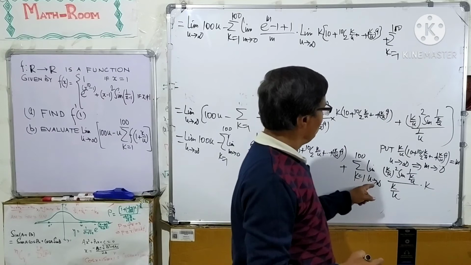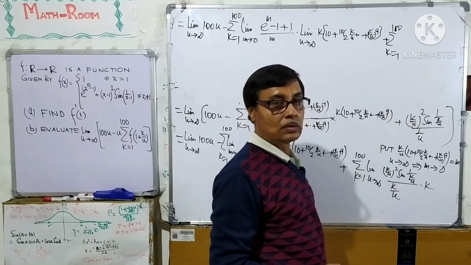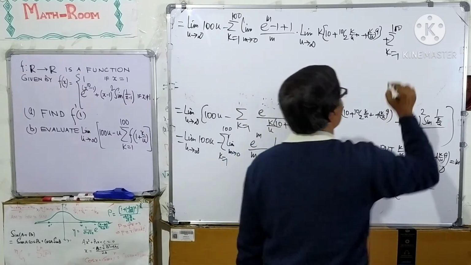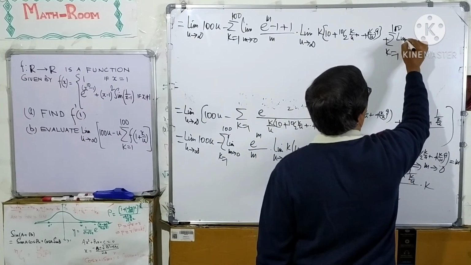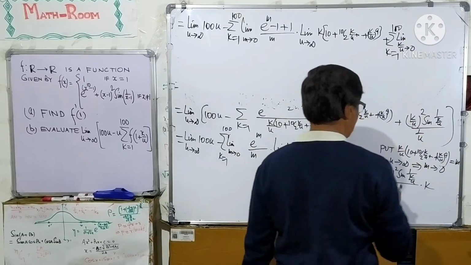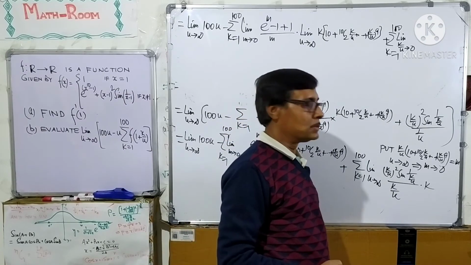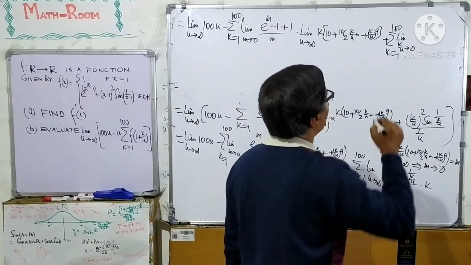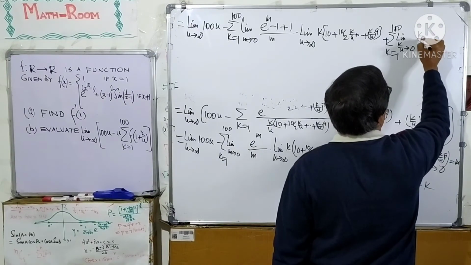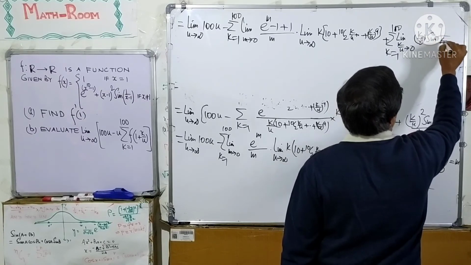U tends to infinity implies k over u tends to 0. So as u tends to infinity, k over u tends to 0 and 1 over u tends to 0, that is, the term k over u times sin of 1 over k over u.